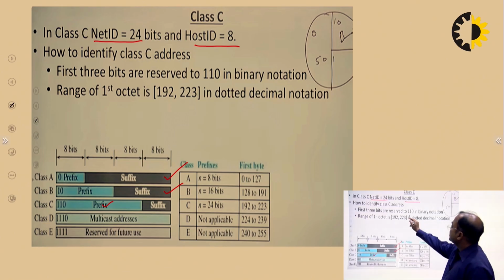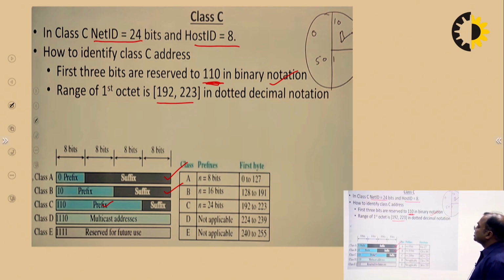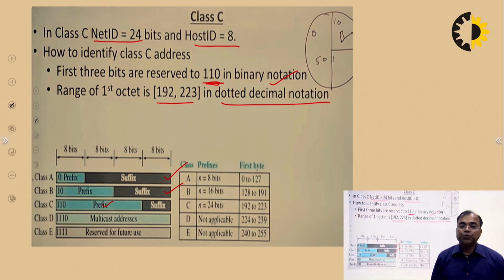If we are concerned with 110, then it must be in binary notation. If we are concerned with 192 to 223 in dotted decimal notation, then we can say it is concerned with a class C network only. Basically, class C is a widely used network.